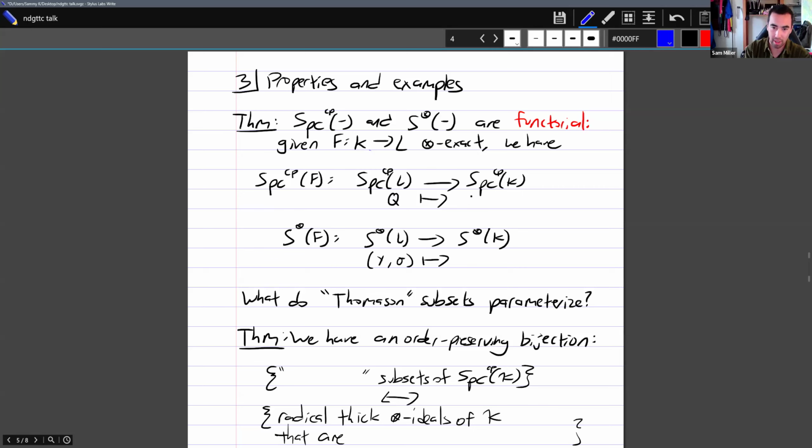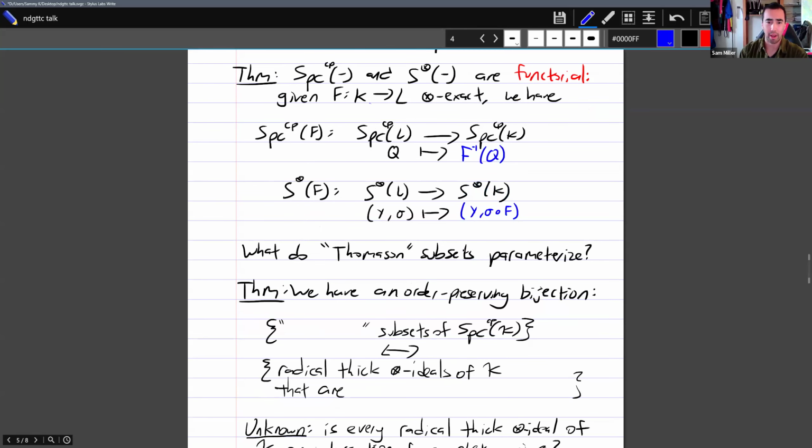It sends a prime q to its pullback, f inverse of q. And in the same manner as before, we'll send a functor f to sigma f. One thing that's worth noting here is that this in general will not send Balmer spectra to Balmer spectra. We're not modifying the underlying topological space. We're just changing what the support is.